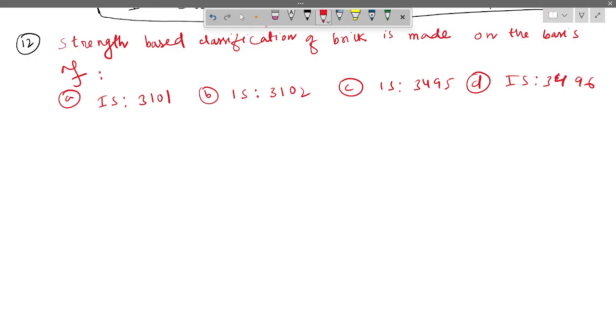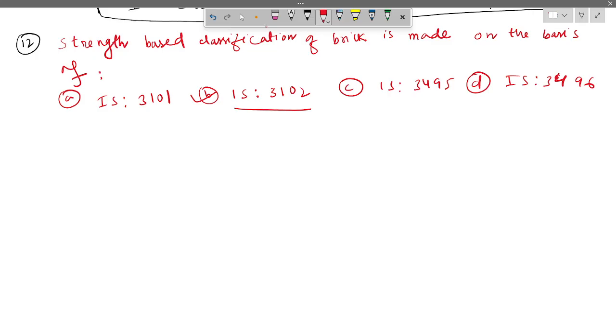So what will be the answer? The answer will be B option, IS 3102. It is the classification of bricks.